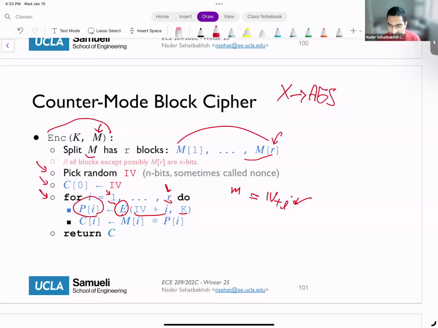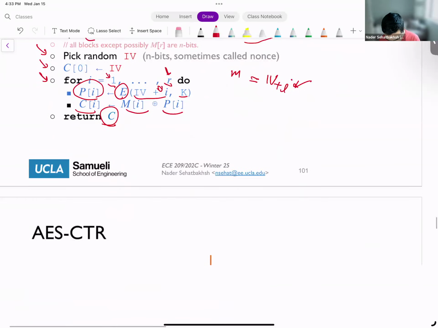We get our P_i, and then we do something similar to what we did with the one-time pad. We XOR P_i with M_i, and that would be our ciphertext C_i. The interesting thing here is that for the same message, we're going to see a different P_i. As a result, the C_i will be different. So this will be the algorithm that we're going to use.